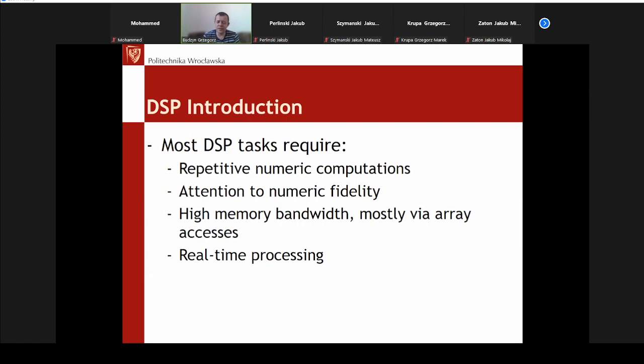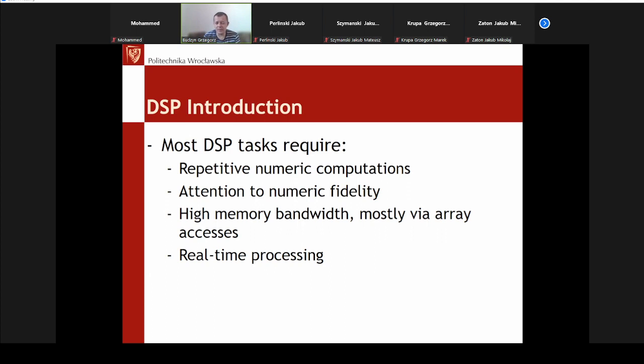The DSPs should be able to do repetitive numeric computation, and should be optimized to deliver such performance, because that's what is critical in DSPs. And naturally, there should be attention to numerical fidelity as well, so that we don't lose precision during various operations on the signal or stream of data.